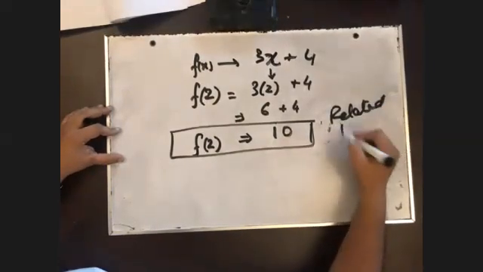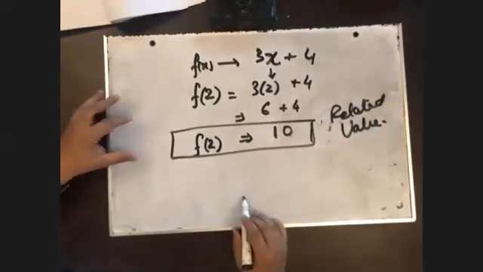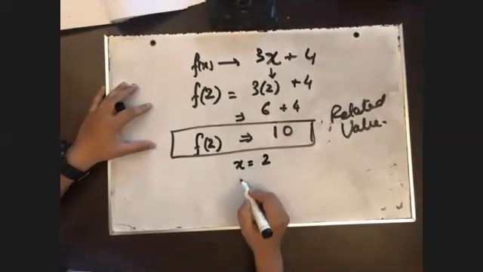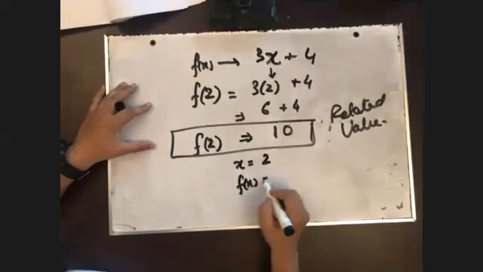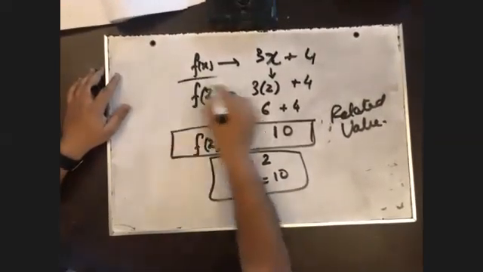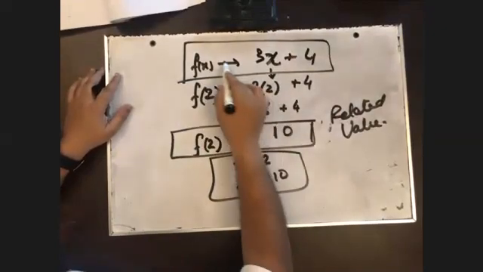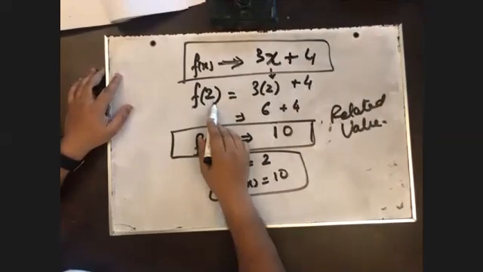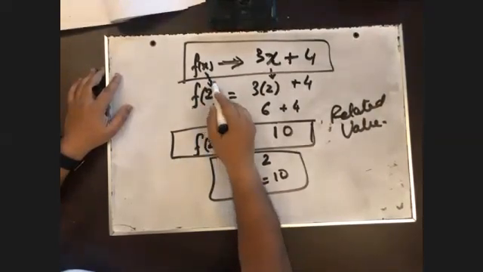Related value. What does that mean? Well, this means that when x is equal to 2, f(x) takes the value of 10. I repeat myself, f(x) is given as 3x plus 4. f(2) means x takes the value of 2.